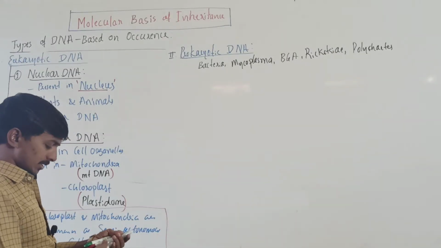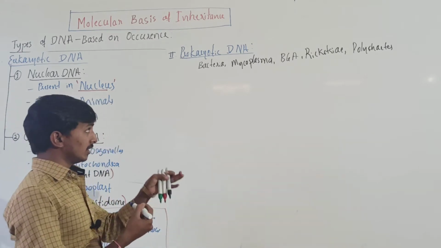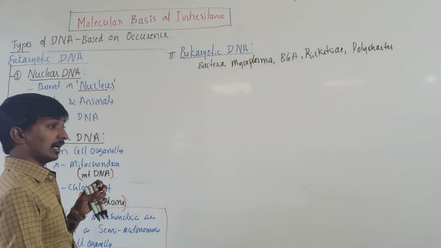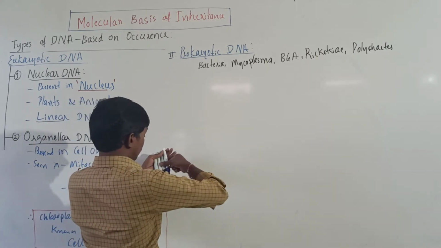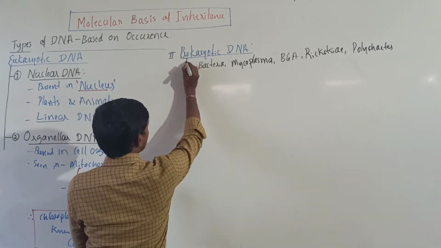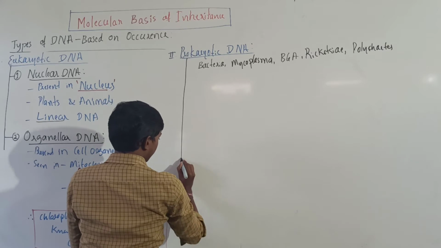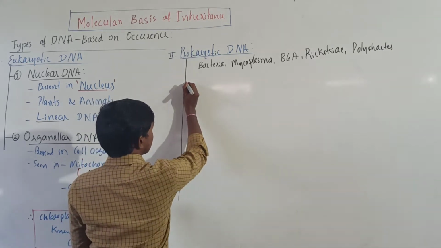In those organisms the DNA is completely different from the eukaryotic DNA. So we will look at the types of DNA present in prokaryotic cells.